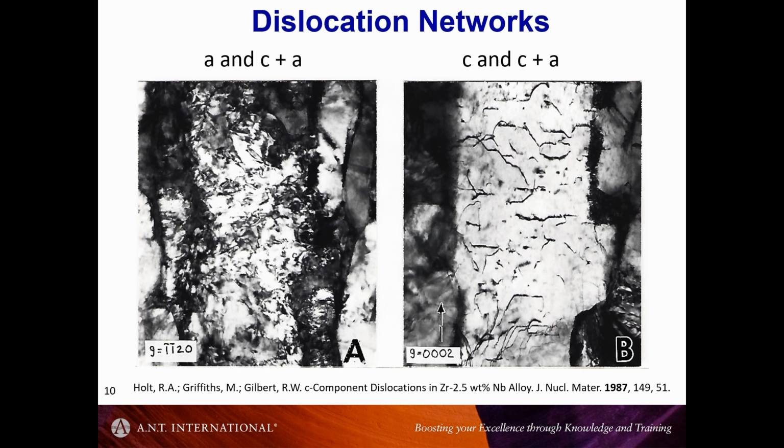Most of you are probably familiar with zirconium alloys in particular, and you'll know that they're hexagonal close packed, and that the dislocation structure is a mixture of A and C types. So that's 1/3 <11-20> or 1/3 <11-23>.